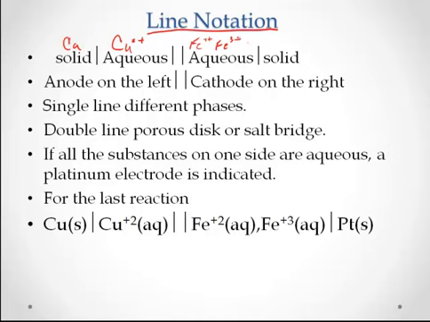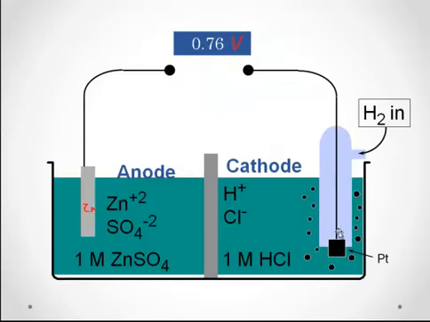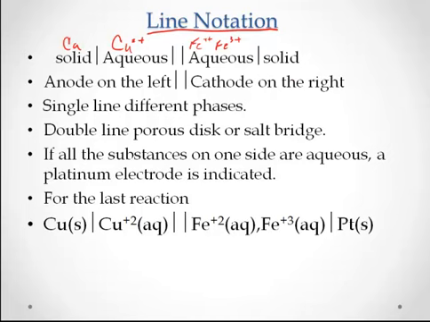And then the solid. In the case of the last electrode, let me show you real quick in case you've forgotten, here's that platinum right there. So we've got a platinum catalyst, and to represent that, all we have to do is write Pt.